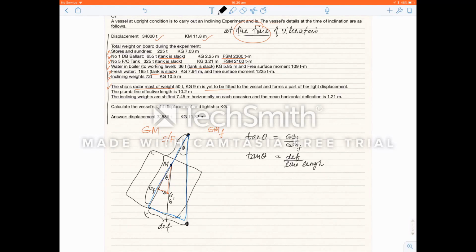Since tan theta is equal to this and tan theta is equal to this, we can say, therefore, GG1 divided by GM fluid is equal to deflection divided by length of line.